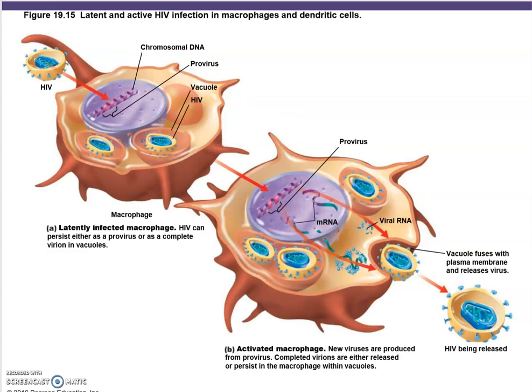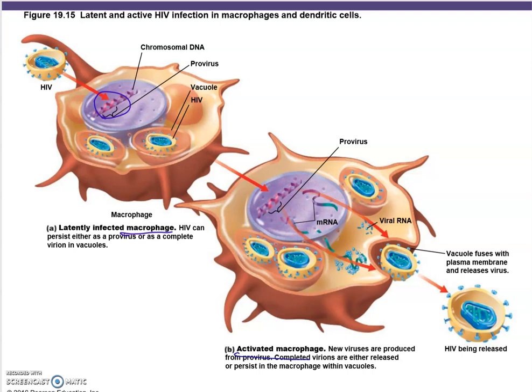In this diagram, you have latent and active HIV infection in a macrophage. Basically, it's the same thing. Here a macrophage is taking in the HIV particle, and we have integration into the host cell genome after reverse transcription, of course, of the viral RNA back into DNA, but you don't actively make new viral particles.